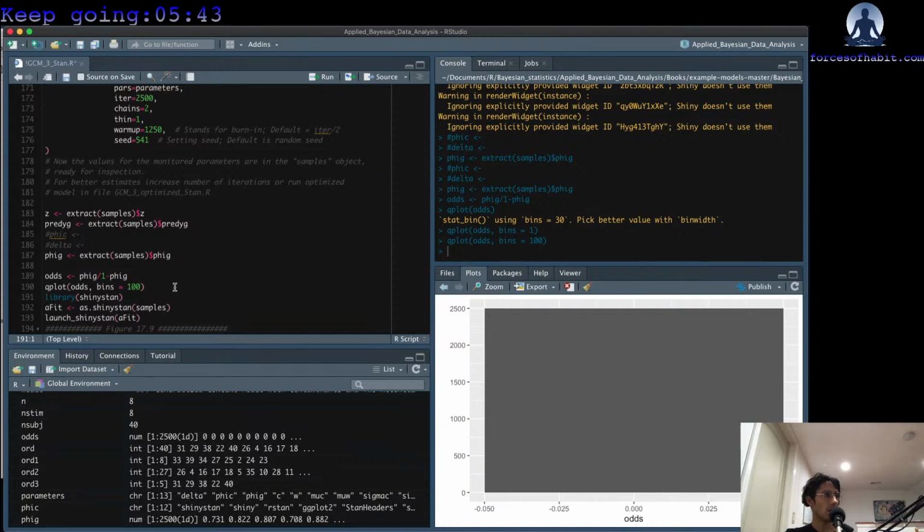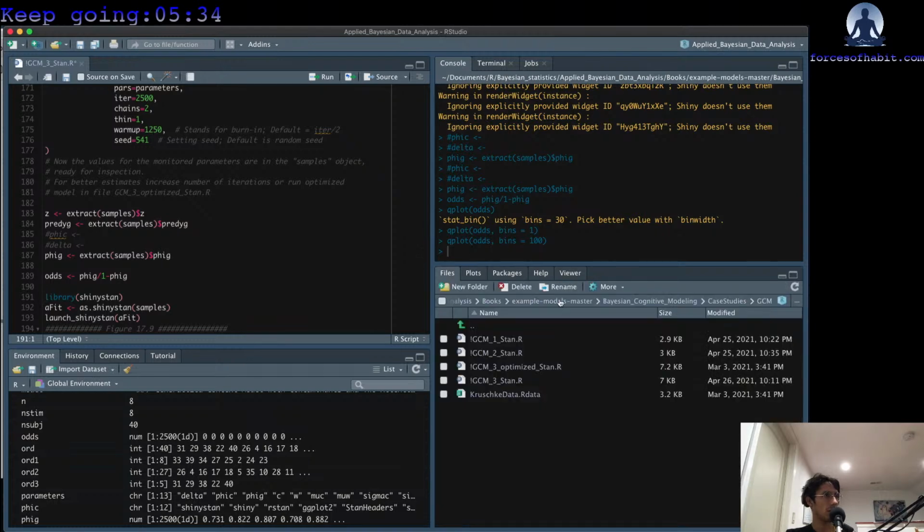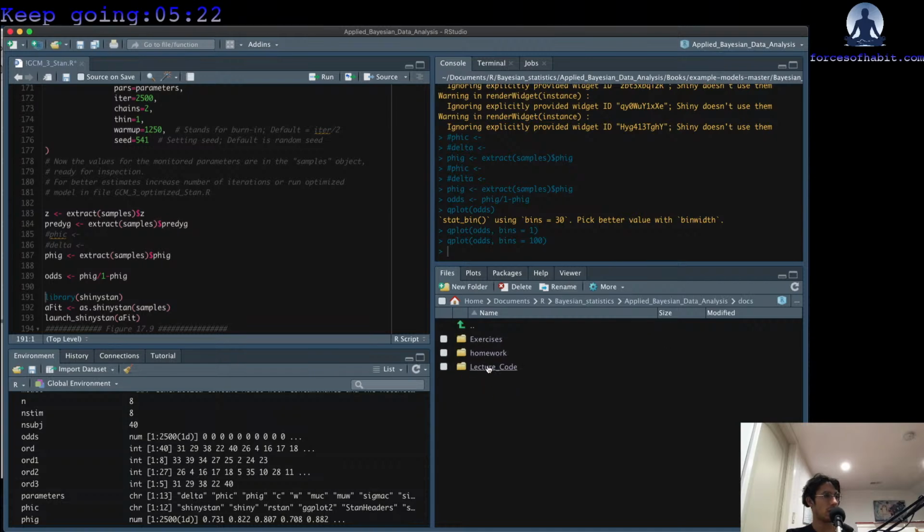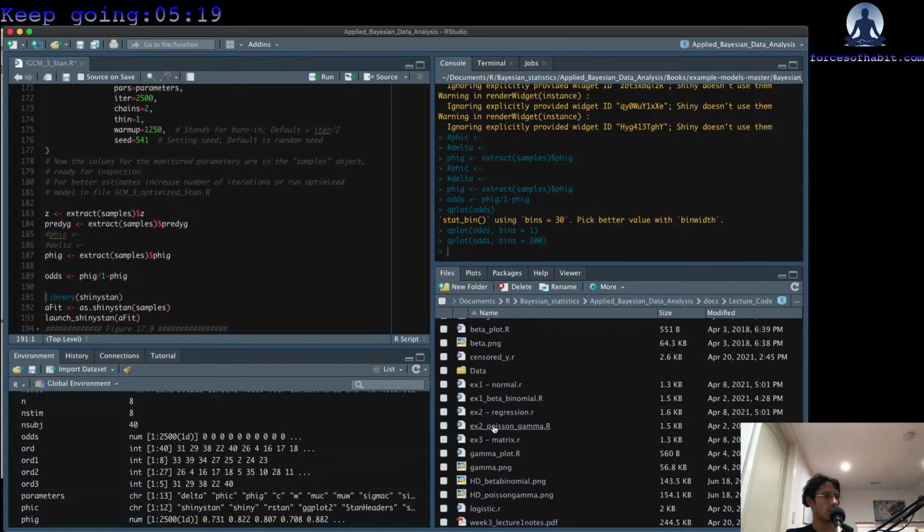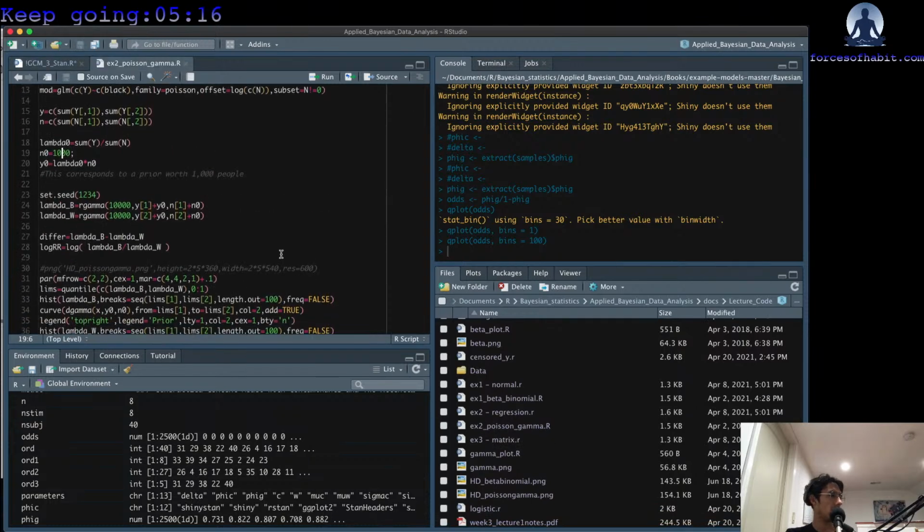Cool. I think maybe I have some code docs, I think from one of my lectures. Set the log risk ratio.